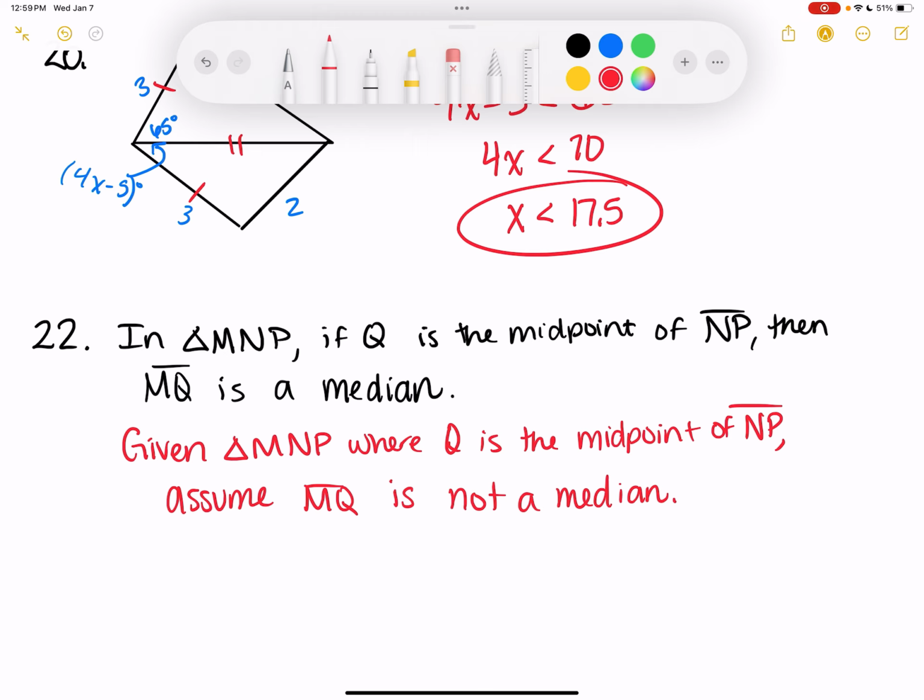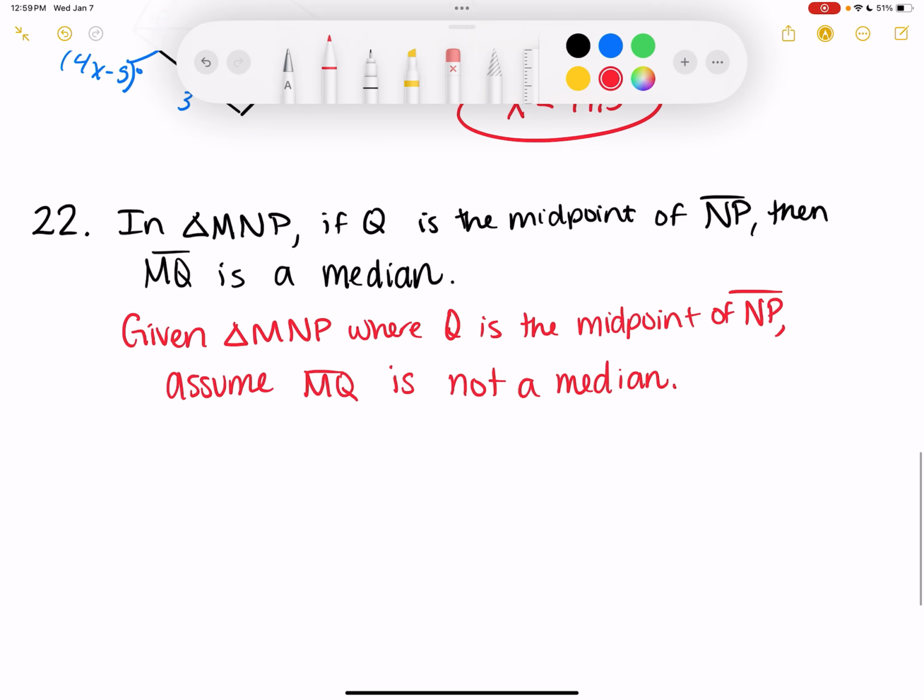If it's something that's negated, like if it was MQ is not a median, then we would say assume MQ is a median. So we're only ever switching the last term? Pretty much, yeah. As long as it's written in this form, then yes. And pretty much all of them in here are. So, they're all very easy ones.